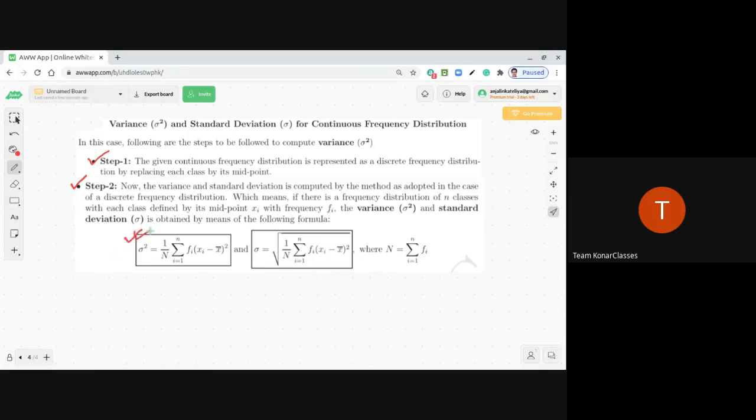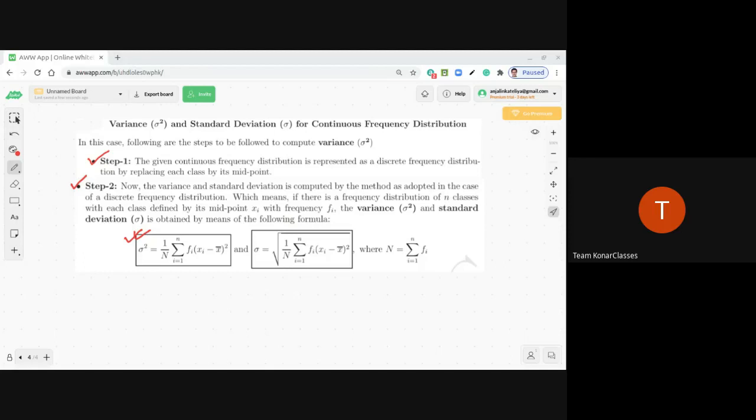The point is, dear students, that the class interval is actually transformed to a midpoint value xi. Now there is a shortcut method, and there is a proof for this shortcut method, but we are not discussing that proof here. It is extremely important that you use this formula.